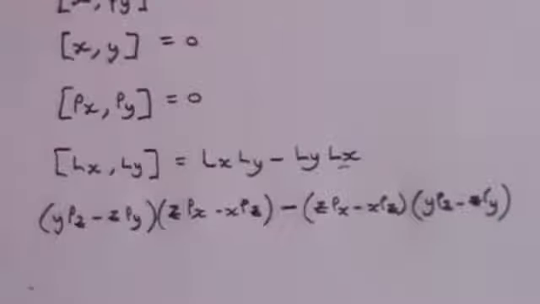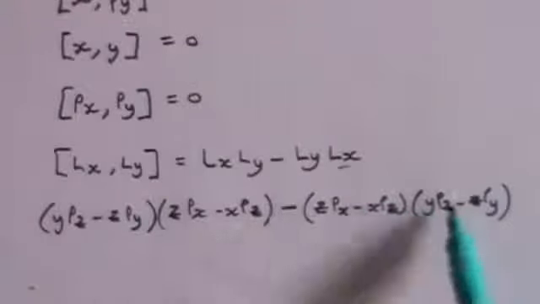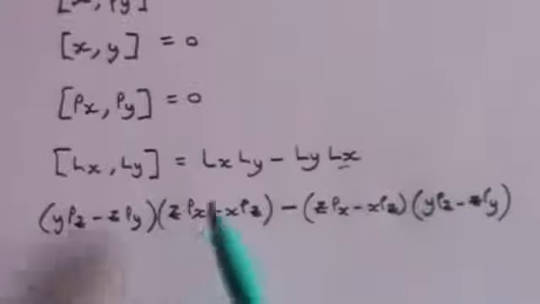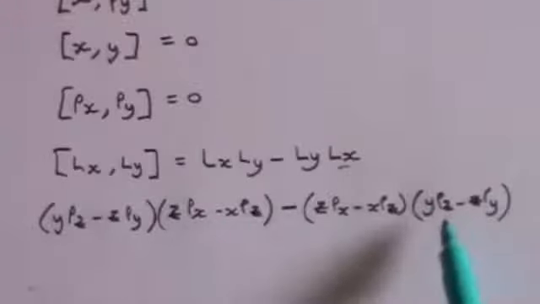Although that looks rather horrifying, you'll agree that from this product you're going to get 4 terms, and from this product you're going to get 4 similar terms, except that these two terms have been swapped around. So the numbers are just going to be in a different position.